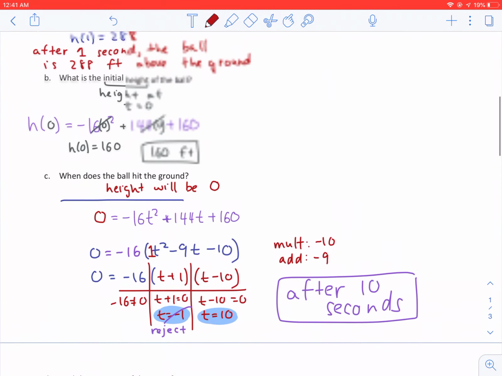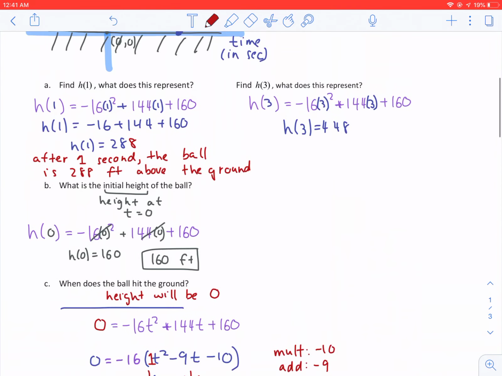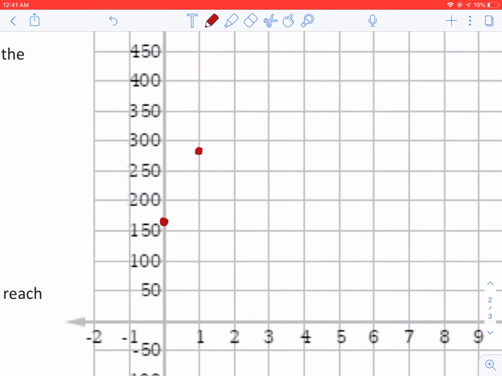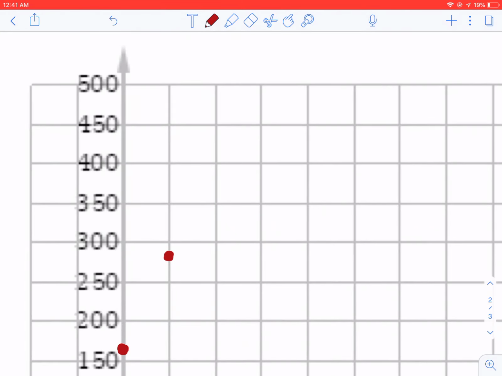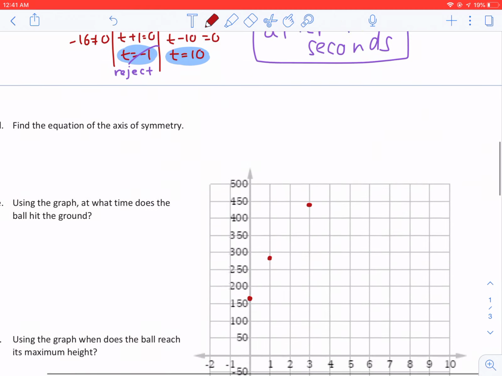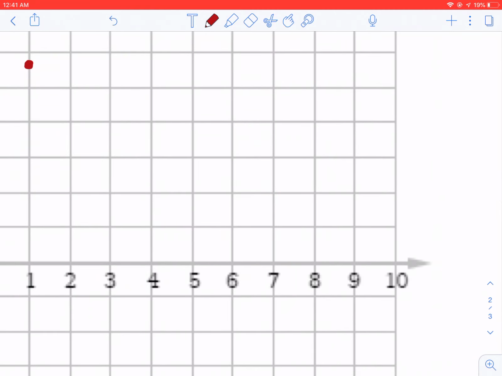We found also the point 3, 448, which is going to be really close to 450. And then we just found it hits the ground after 10 seconds. So there's 10 seconds, that's when it hit the ground.